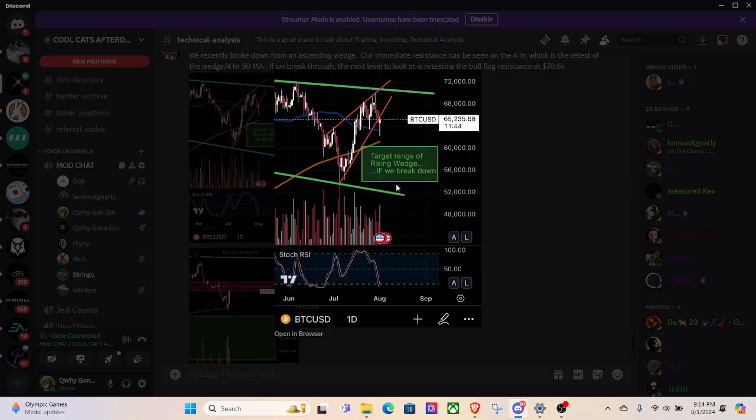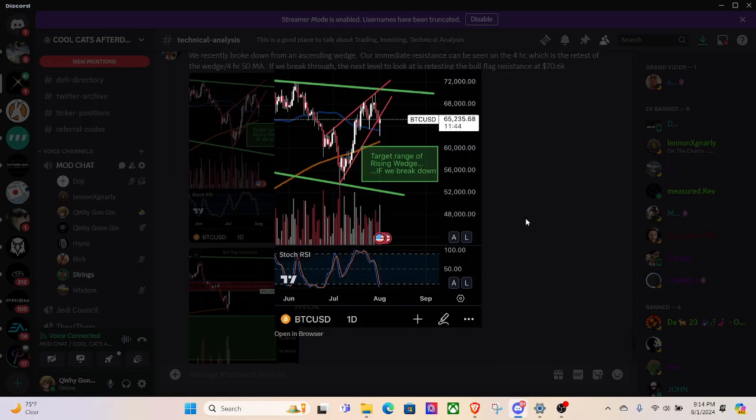which is a bearish pattern. The measured move range for that is between just above 54K and up to just above 60K. And the way I like to make measured move targets for rising wedges is you take the vertical distance between the widest part of the wedge, between the ascending resistance and the ascending support, and you move that over to where the breakout is.